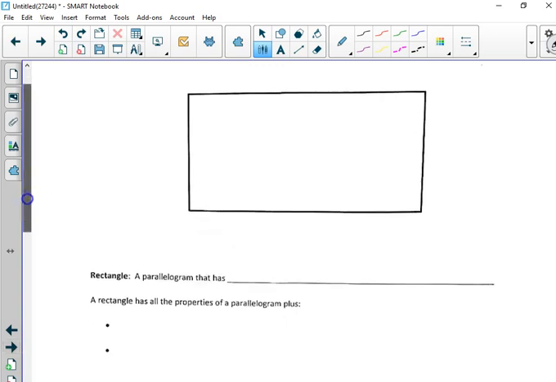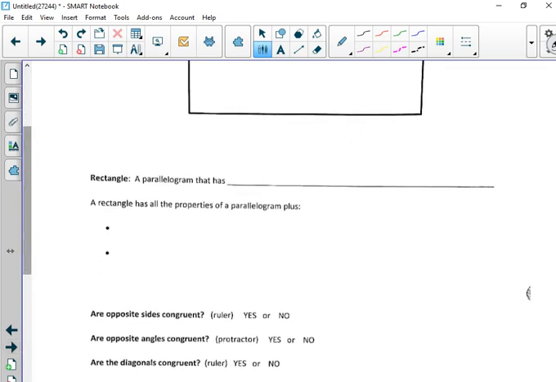Okay, a rectangle. A rectangle is a parallelogram that has four right angles. Okay?